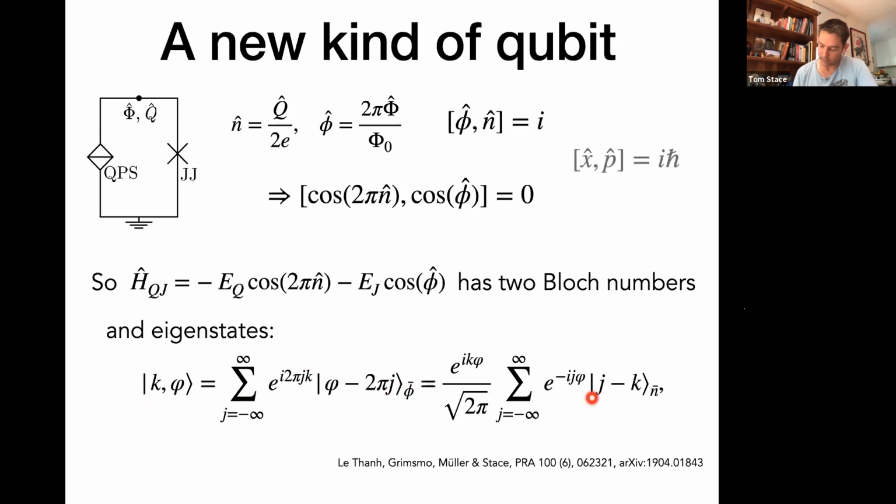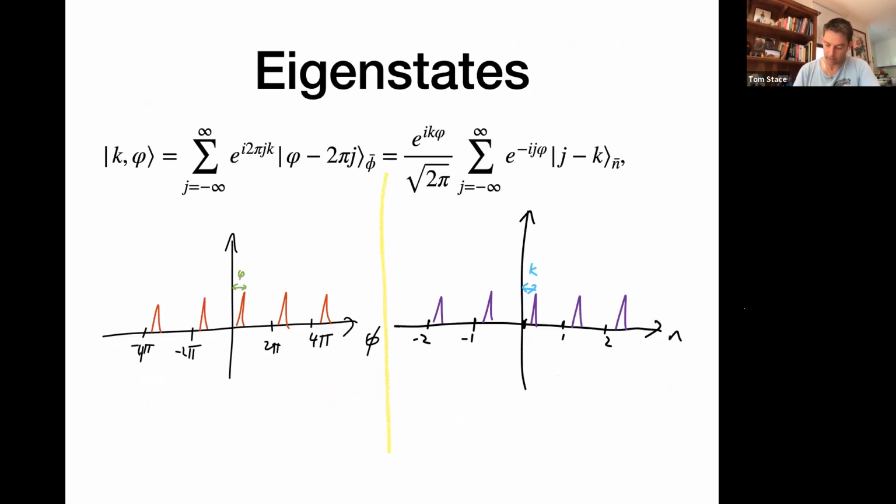And in the charge basis, it also looks like a comb at integer values of the charge. So let me show you what those look like schematically. So here's the k phi state. Drawn schematically in the flux basis, it's a sum of states at integer multiples of 2 pi with an offset that's set by phi, and a phase modulation, which I haven't drawn, which is set by the parameter k.